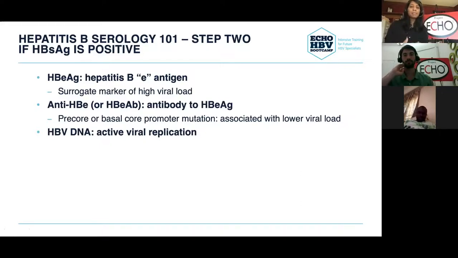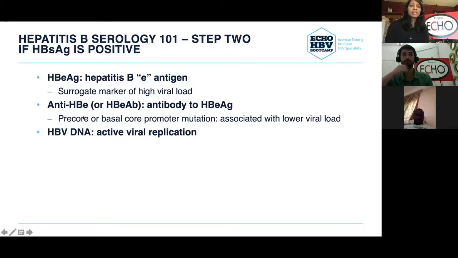Sometimes in the right setting, it can be helpful to check these tests as well. So hepatitis E antigen is the surrogate marker, sometimes, for a high viral load. We'll talk about this in the next module, when you synthesize all of these tests together and describe them as patterns of infection, or stages or phases of infection, okay?